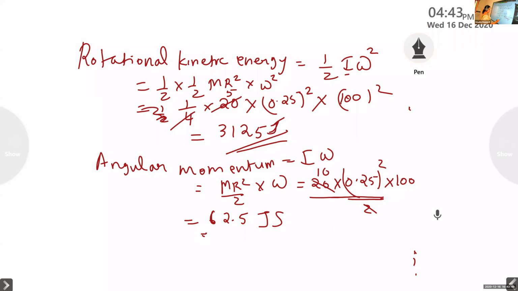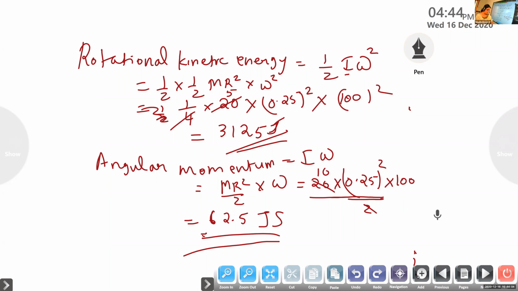So in this case, joule second is the SI unit of angular momentum. Okay, can I go to the next one? Next problem.